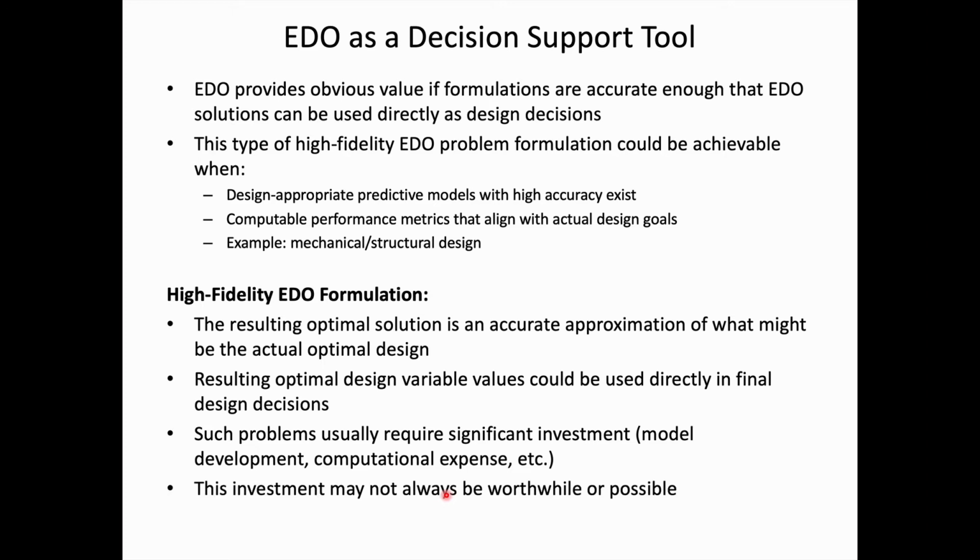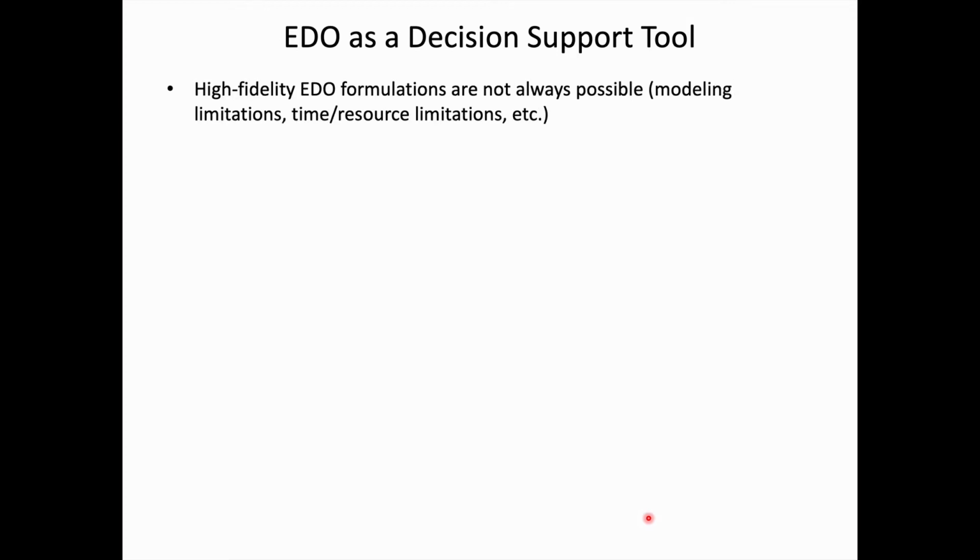And it may not always be the case that it's worthwhile, or with given modeling and computing technology, maybe it's not even possible. High fidelity formulations are not always possible due to limitations, and this is actually one of the core critiques of engineering design optimization, is that the solutions we produce may not reflect what is best in reality.